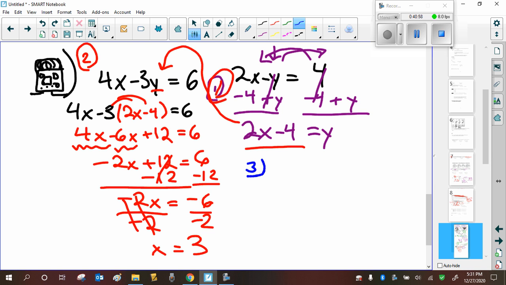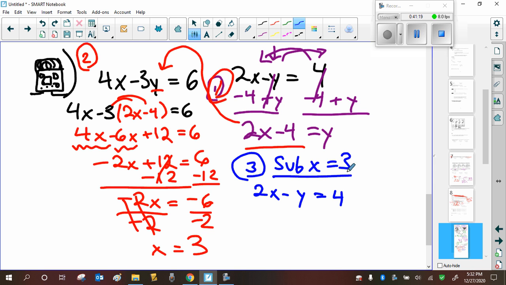Hey, no more eraser. Yay. Third step is to sub in x equals 3. You can use either equation, the first one in black that we started with. I think the second one's a little easier just because it's smaller numbers, but it's pretty much the exact same thing, so I'm going to use that one. Wherever I see an x, I'm going to put 3. So 2 times x becomes 2 times 3.